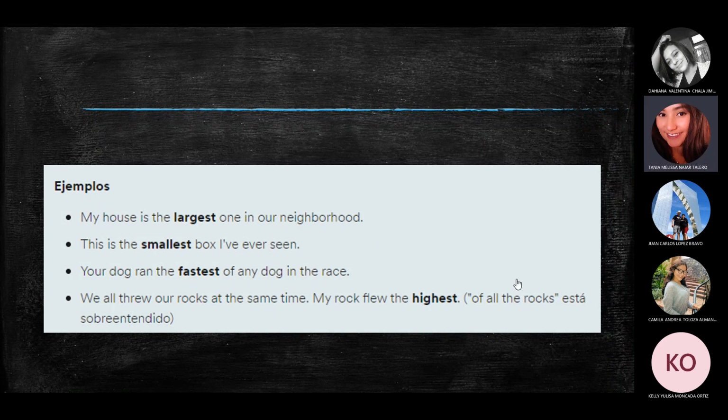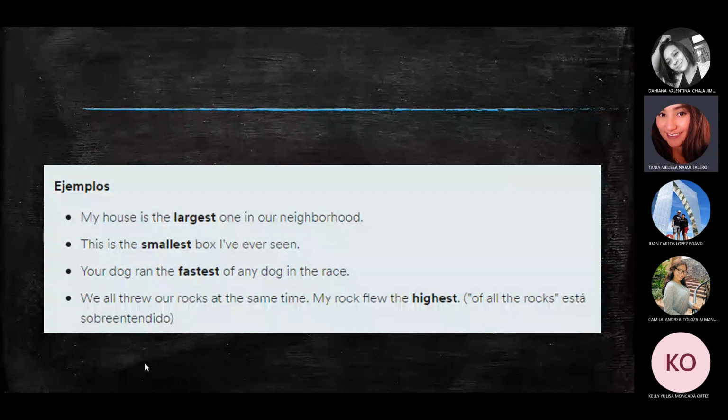Remember, if you find consonant, vowel, consonant, you need to double the consonant, and in the adjective funny, change the y for the i. So in this case, you say funniest. The funniest. For example, this is the smallest box I've ever seen. The other one, fastest.